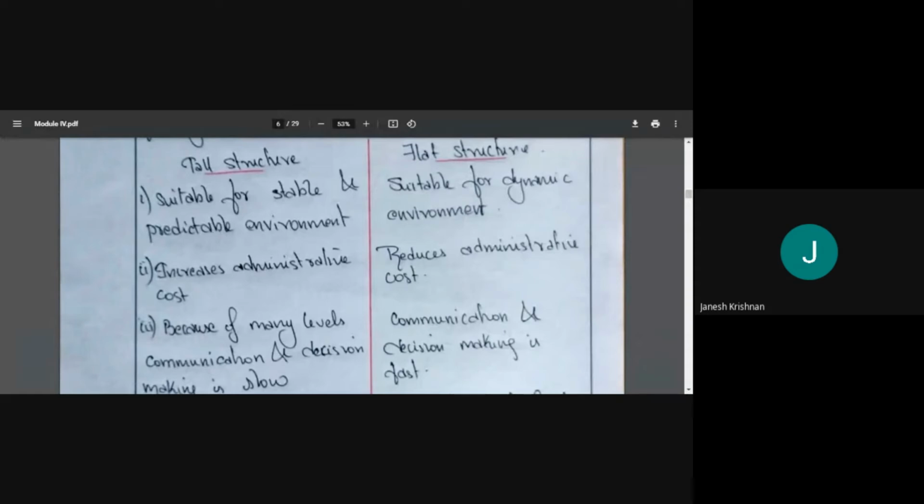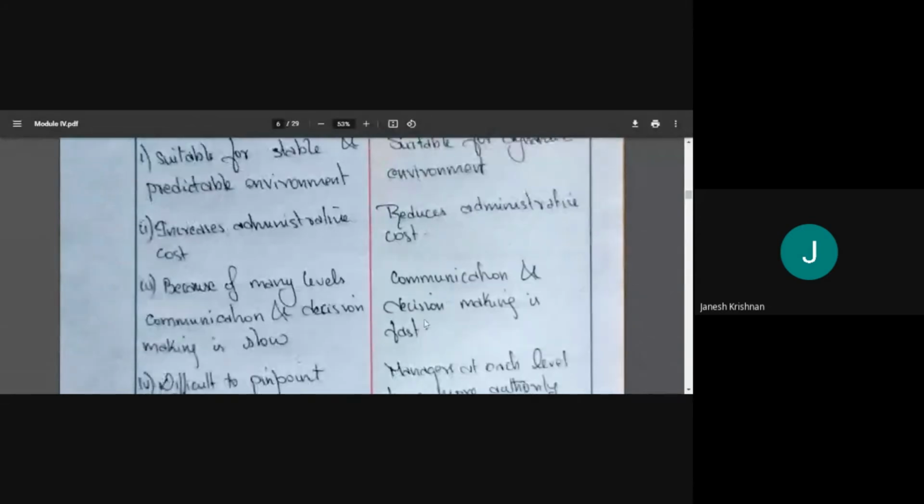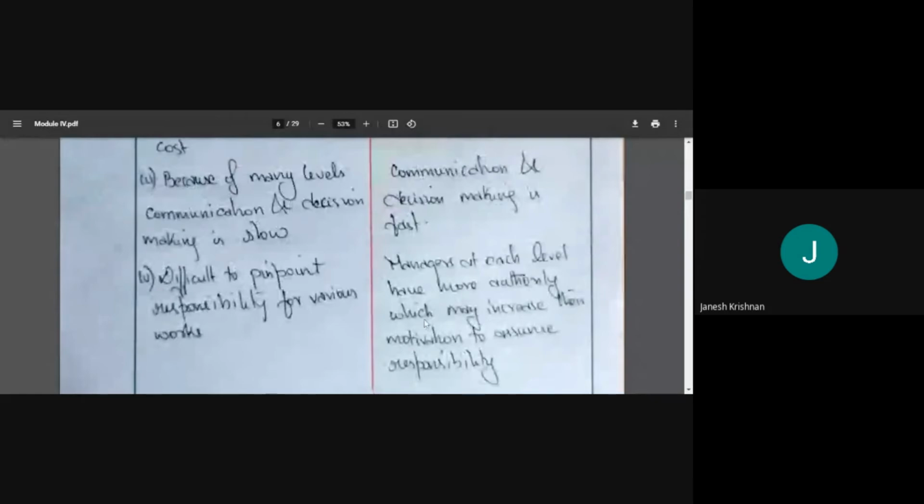Because of many levels, communication and decision making are slow in a tall structure. The communication has to go from one person to another, one level to the other level, so it will become slow. But in the other case, in a flat structure, communication and decision making are fast. Then it is difficult to pinpoint responsibility for various works.